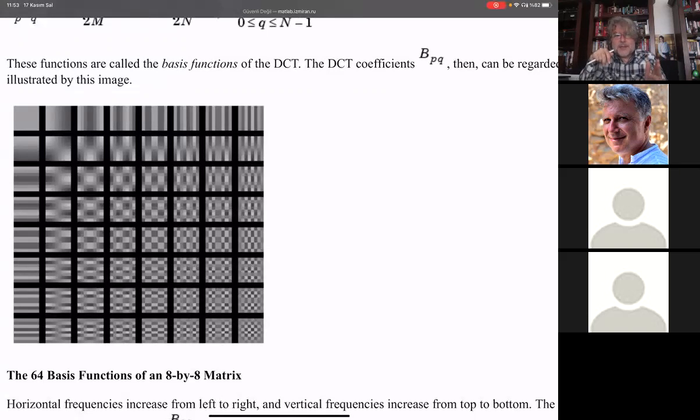Then you have vertically 3 oscillations in the next row, and towards the right-hand side, the frequency increases. If you proceed like that all the way, the 8 by 8 last one is a true checkerboard. 1 0 1 0 1 0, and then 0 1 0 1 0 1, and then again 1 0 1 0, etc. So this is how the basis looks like.